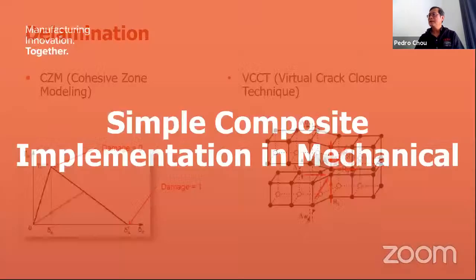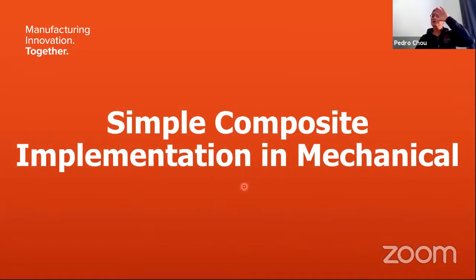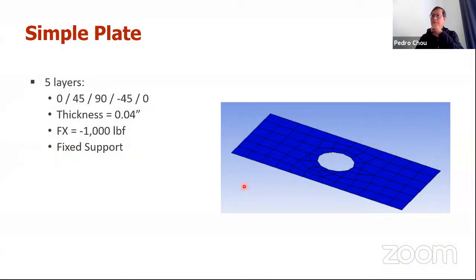Today we are just going to show a very simple composite model, and how we can define this simple composite in Ansys Mechanical. So what I'm going to show in the demo is just a simple plate. I'm going to define 5 layers.